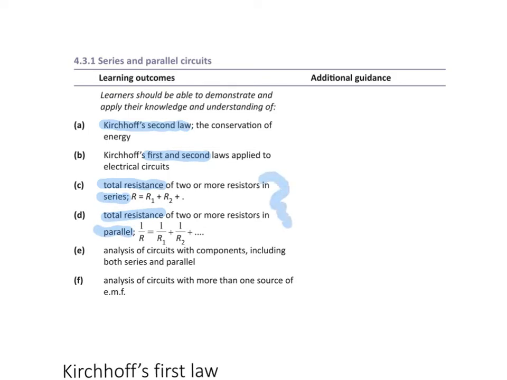So these ones need a derivation, and you need to know I will show how we're going to derive it. Then we're going to have a look at how to analyze circuits that include both parallel and series parts of it, and how to analyze circuits with more than one source of EMF. Now we'll explain as we go through the lesson.